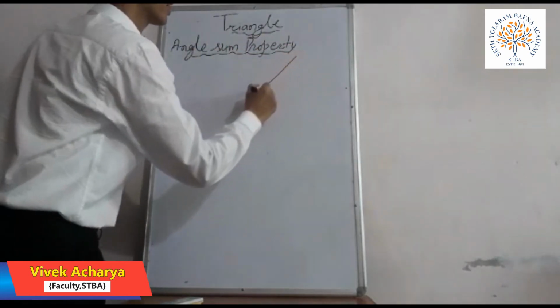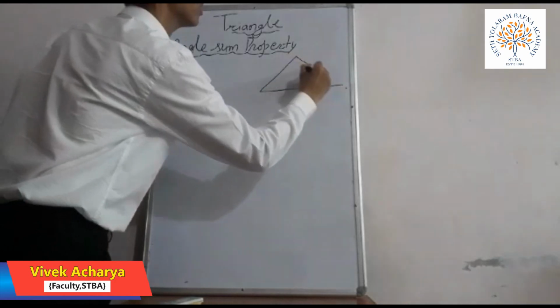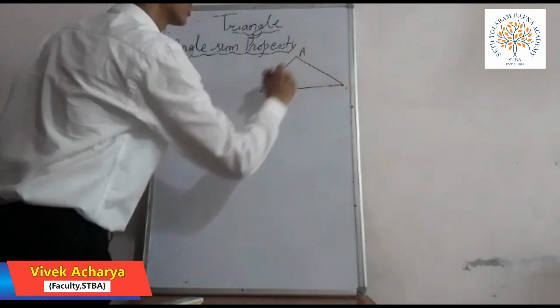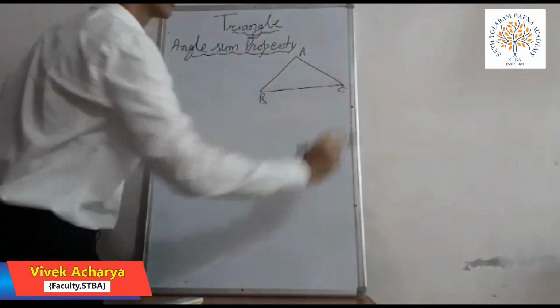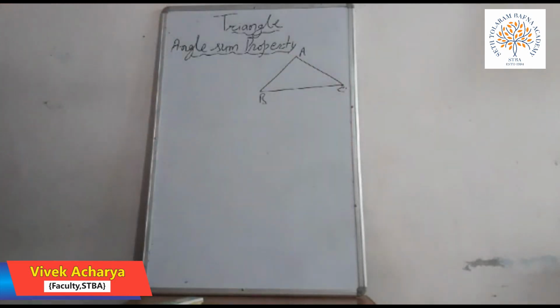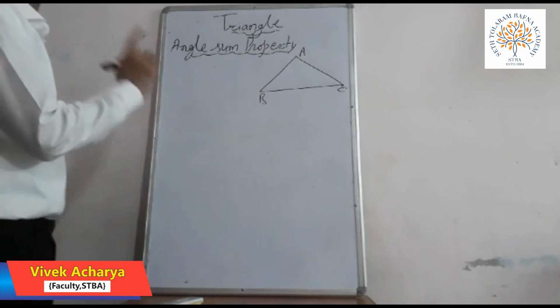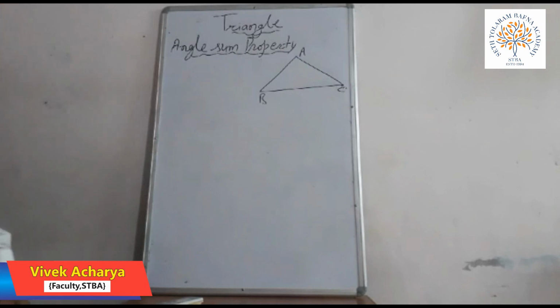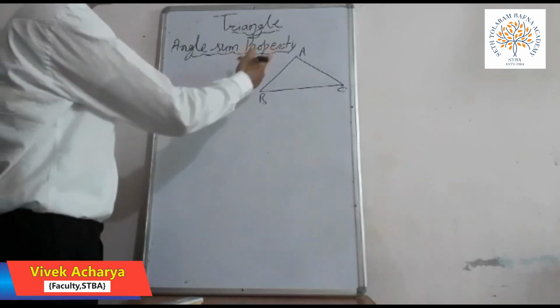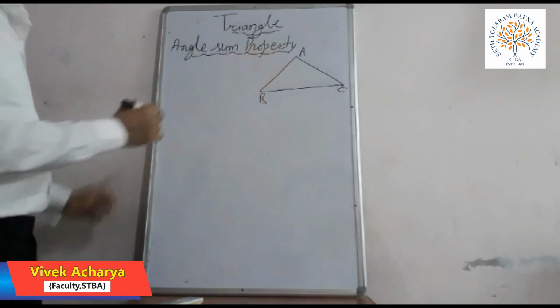If you take a triangle ABC, then the angle sum property is: the sum of all interior angles of a triangle is always 180 degrees. Remember it? The sum of all interior angles, not the sides. This property is only according to angles. The sum of all interior angles of a triangle is 180 degrees.